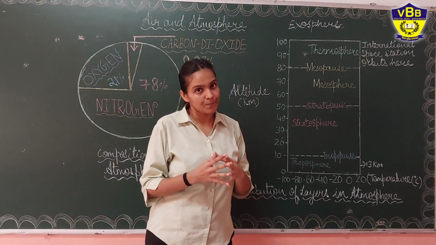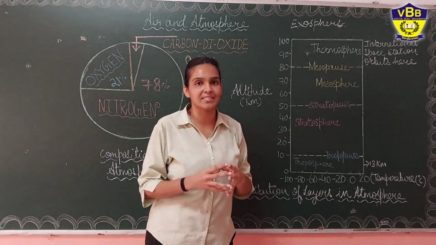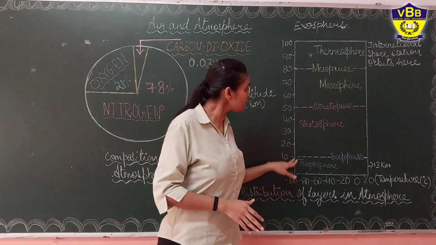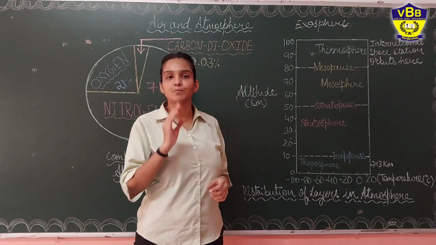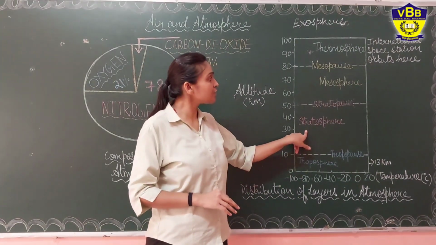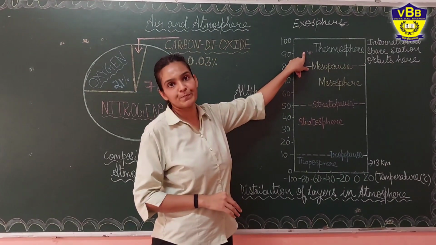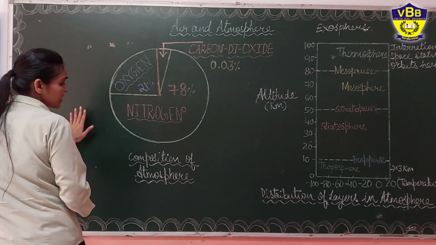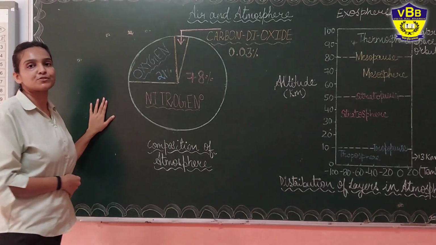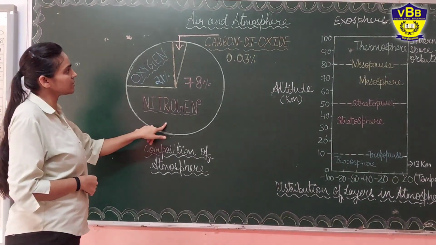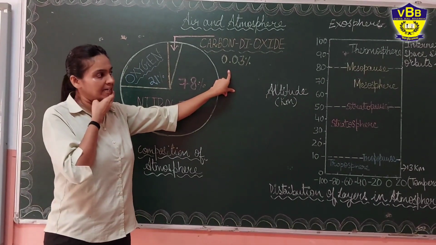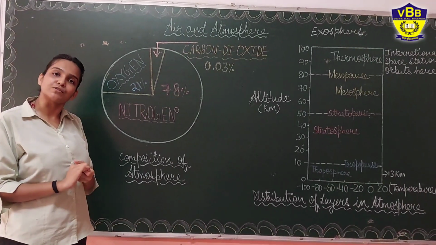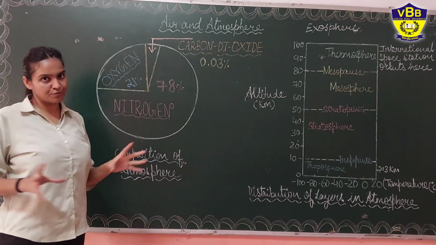In exosphere, there are hydrogen and helium gases that float up in the outer space. So, these were the 5 important layers of atmosphere: troposphere, stratosphere, mesosphere, thermosphere and exosphere. So, today we have studied about composition of atmosphere, which constitutes 3 main gases: oxygen, nitrogen, carbon dioxide. And then these gases help in making layers of the atmosphere that make the structure of atmosphere.